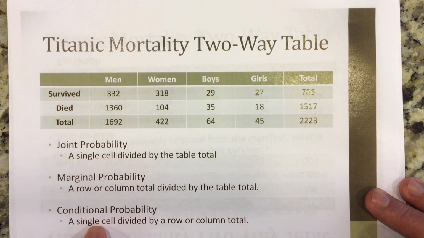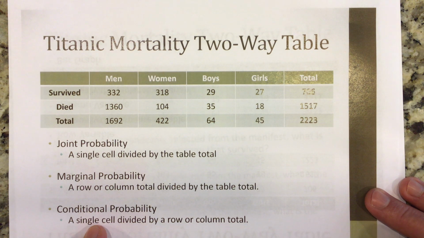Okay, the last type of probability is what we call a conditional probability. And that's when we take a single cell and we divide it by a row or column total. So I might say, if I select a girl from the Titanic's passenger list, what's the chances that she survived?